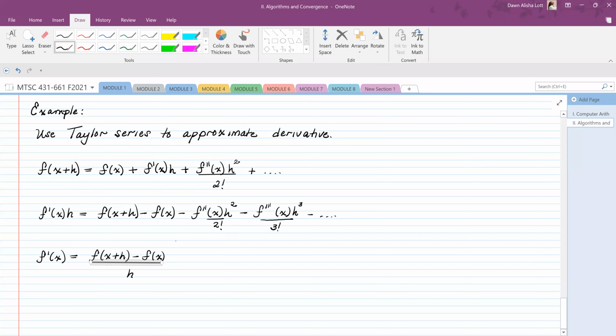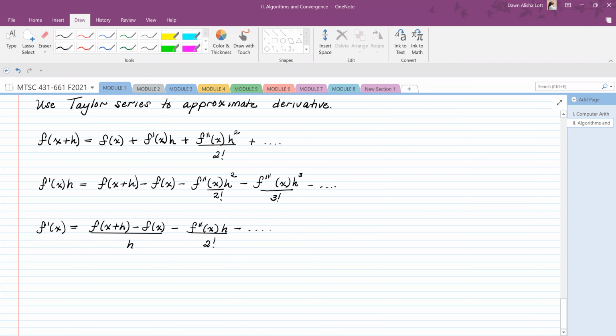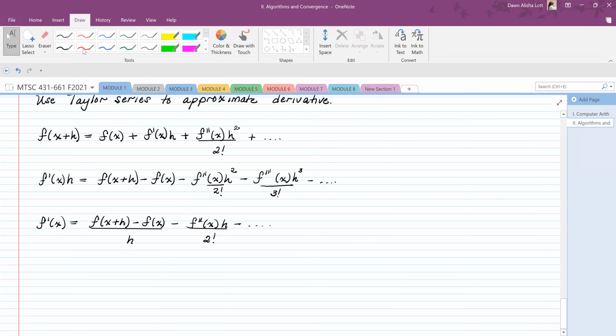That's our difference quotient, minus f double prime of x times h over 2 factorial minus dot dot dot. So our error term is, this is our biggest term here. So we tend to take this here as our difference quotient.